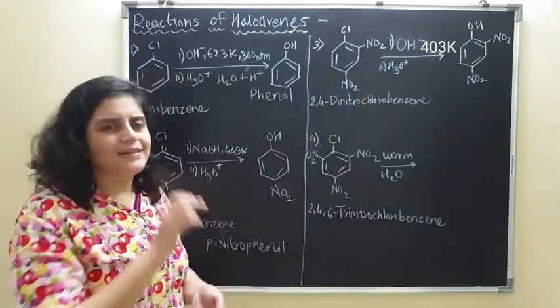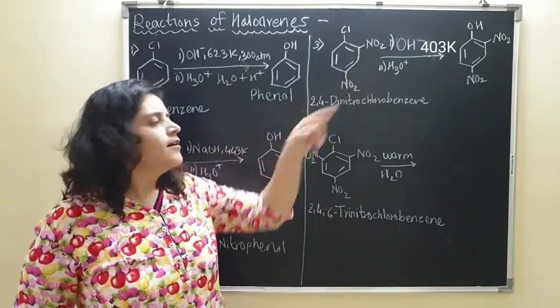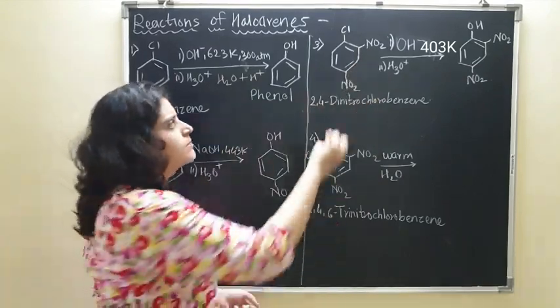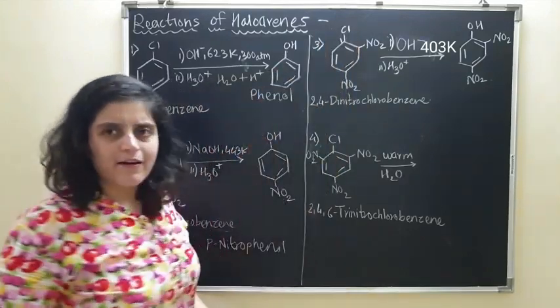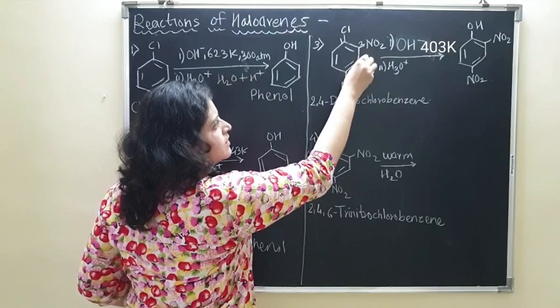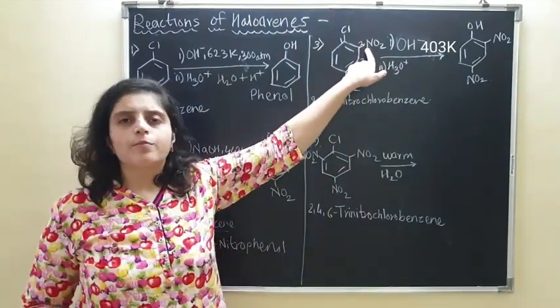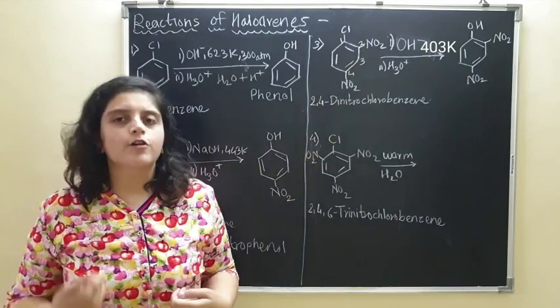The nitro group is present at two positions, here at the ortho position and here at the para position also. So if this is our first position, this is second, third and fourth. So we can say that the nitro group is present at the second position and the fourth position.